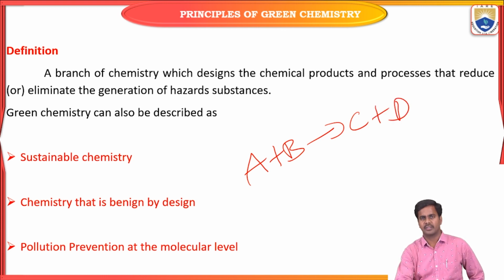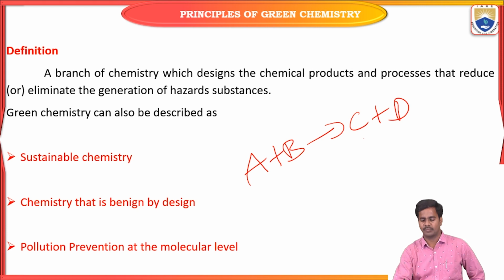Among these two products, C and D, only one product is the wanted product. That means the desired product should be very economic as well as very useful in a chemical reaction.